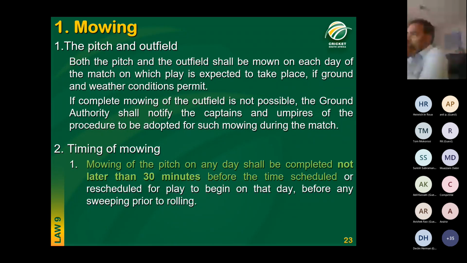So if play starts at 10 o'clock on day 2, by 9:30 the mowing of the pitch should be completed. That's the latest. Mowing should be done by 9:30, 30 minutes before the scheduled starting time.